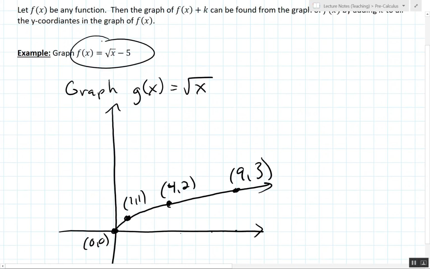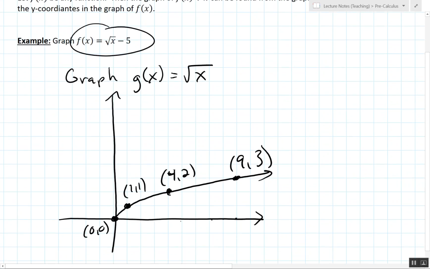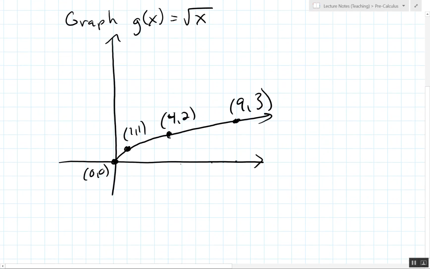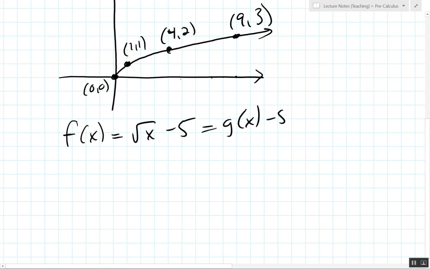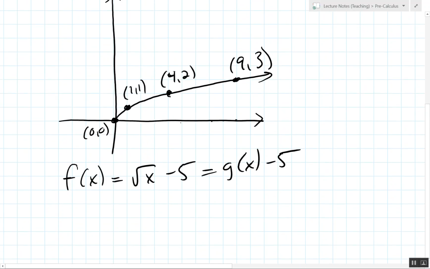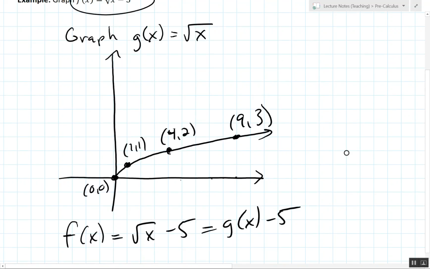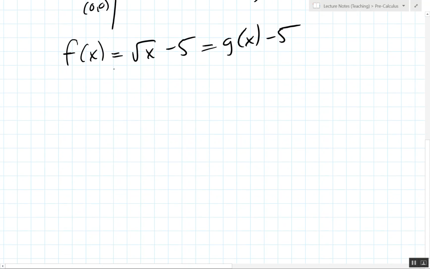All we're going to do is take the graph of g of x and subtract 5 from all the y coordinates. Notice that f of x, which is the square root of x minus 5, is really g of x minus 5. So this is just our vertical shift problem. Let's draw it in.